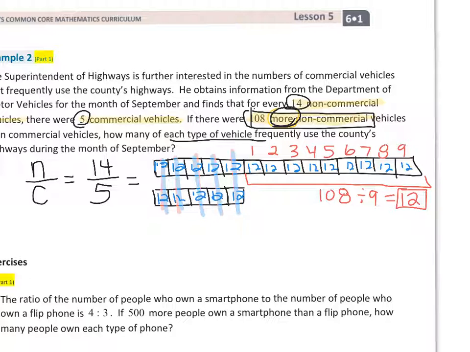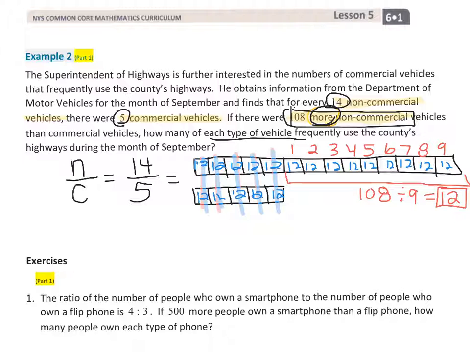And then we could go back to the story problem and see what it was asking us to do again. In the story problem, it asked, how many of each type of vehicle frequently uses the county's highways during the month of September? So it wants to know each of the vehicles. How many each? So that means we need to figure out how many non-commercial vehicles are there and how many commercial vehicles.